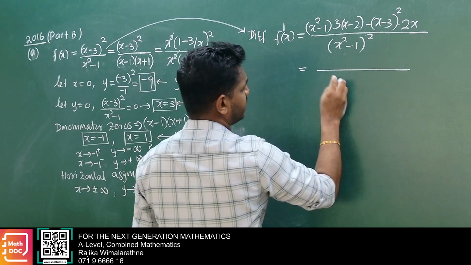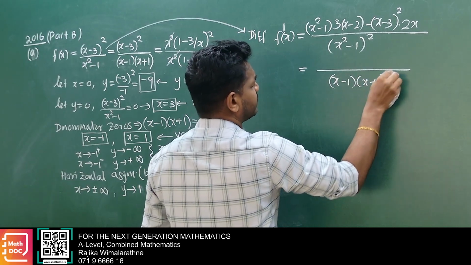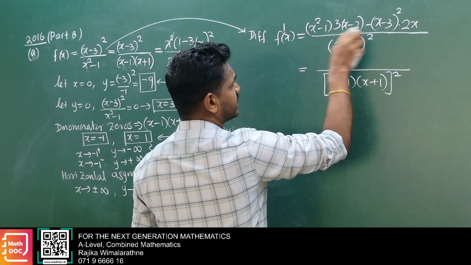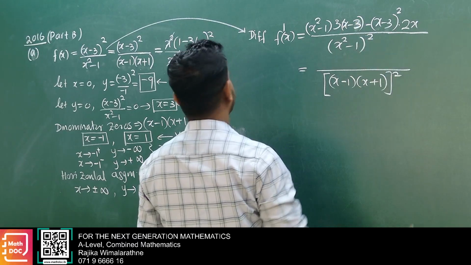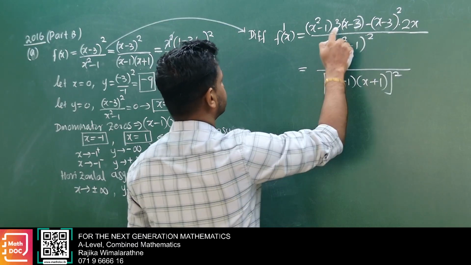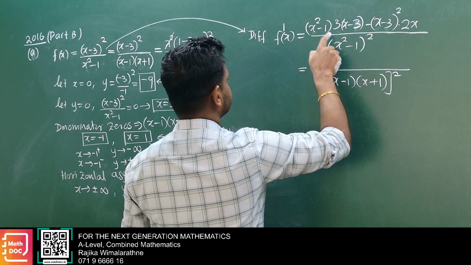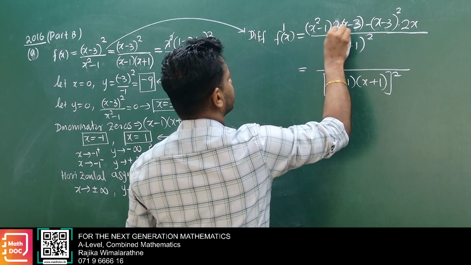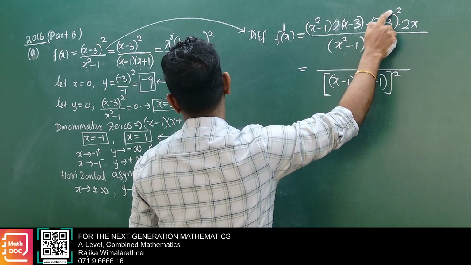Factorize the denominator: (x minus 1)(x plus 1), whole thing squared. For the numerator we have to take (x minus 3) common. Denominator x squared minus 1 times derivative of numerator 2 times (x minus 3), minus numerator times derivative of denominator.